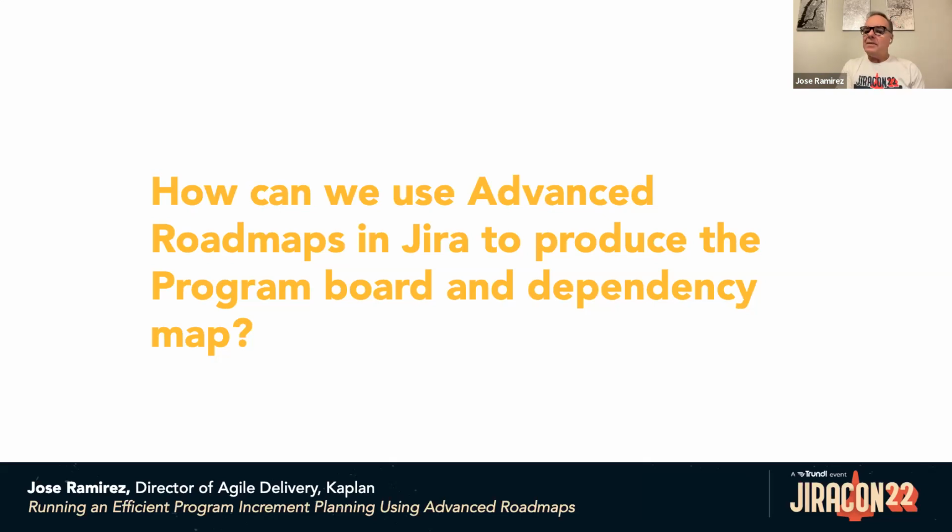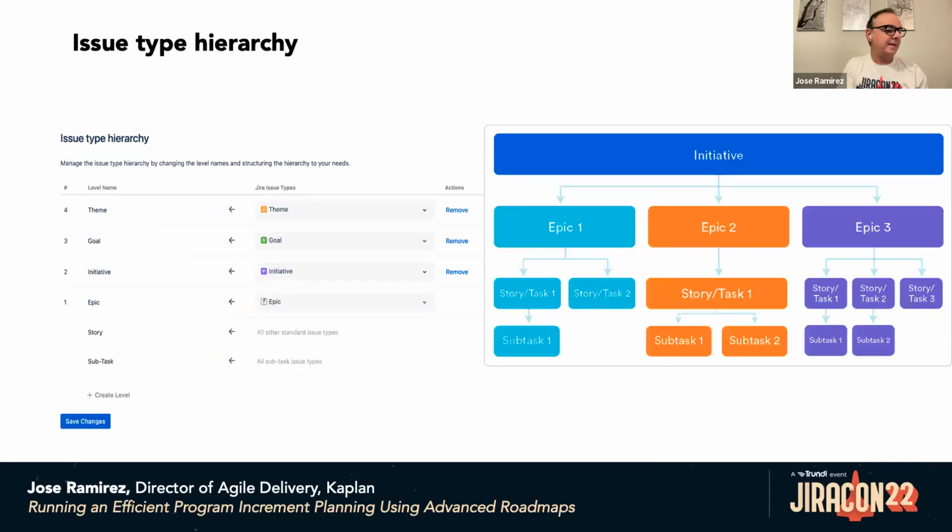All right, and this is the important part of the presentation. Let's start with a step-by-step review of the things that you need to consider to use Advanced Roadmap for PI planning, specifically to reproduce the program boards and the dependency map.